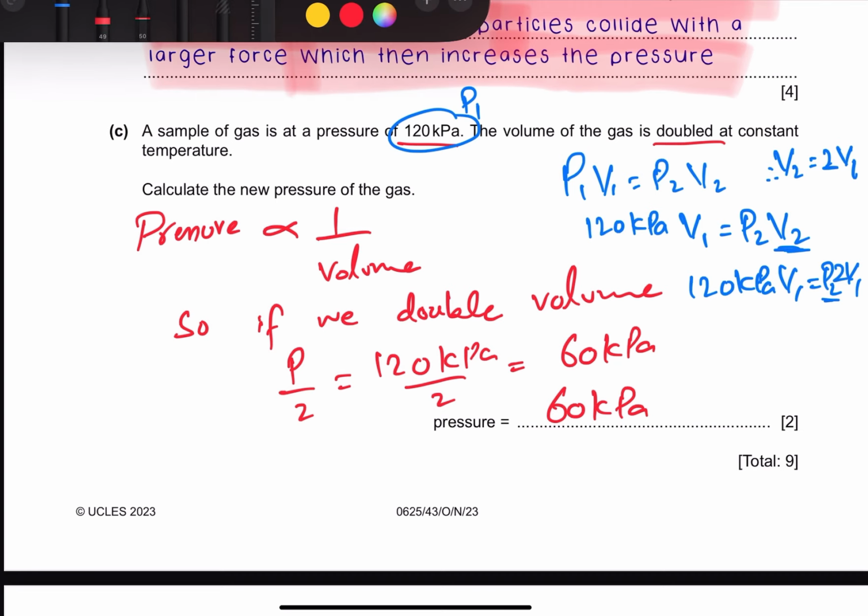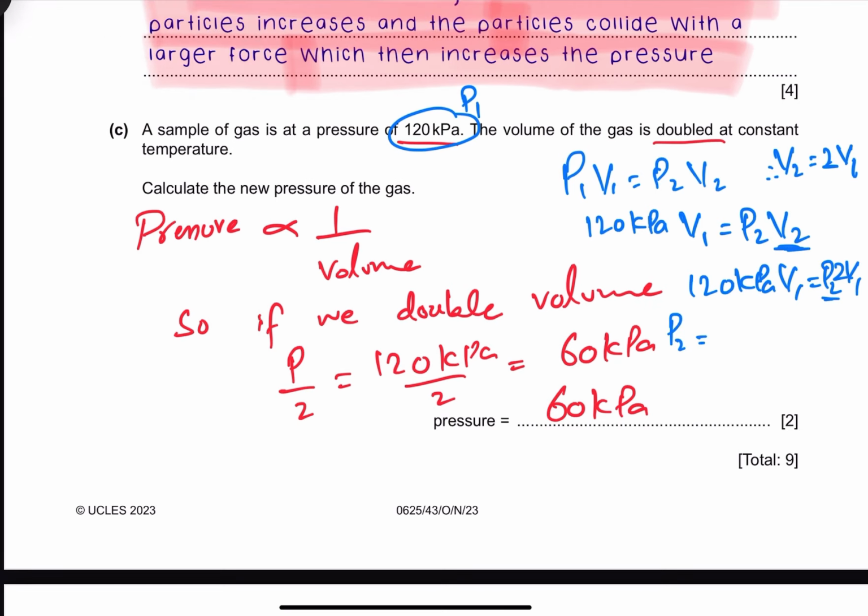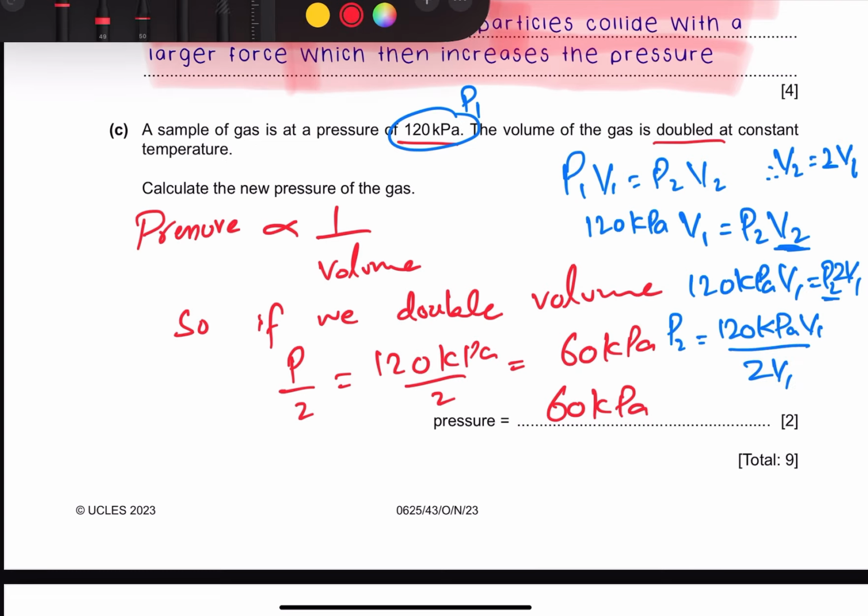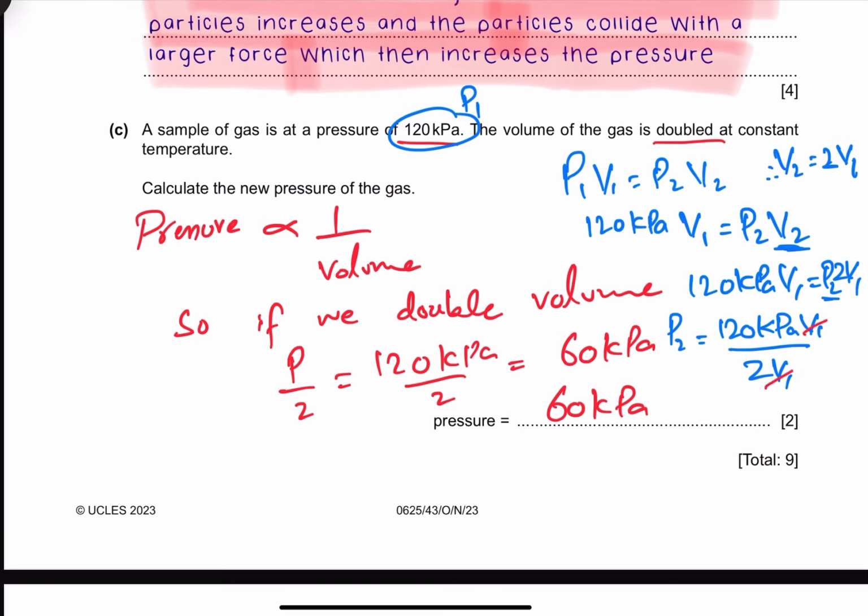P2 equals 120 kilopascal into V1 divided by 2V1. Okay, so V1 will cancel V1, and 2 over 120 gives 60, so P2 will be 60 kilopascal. Okay, you can do it by either way.